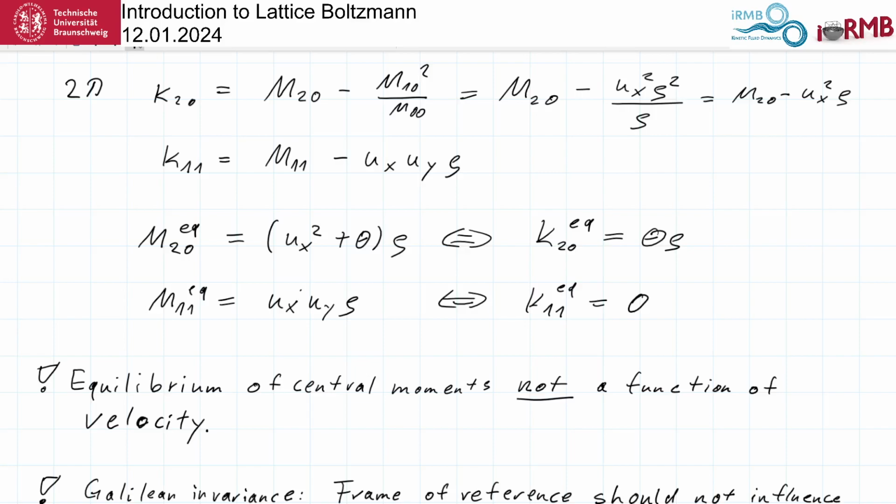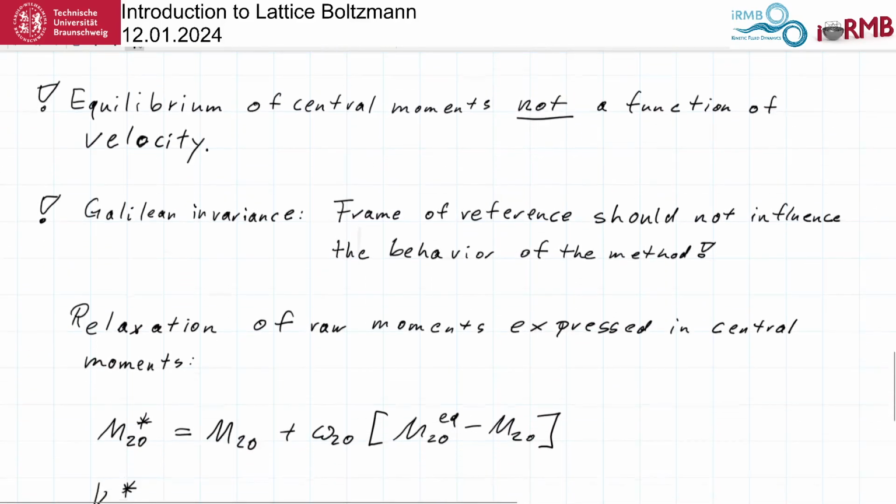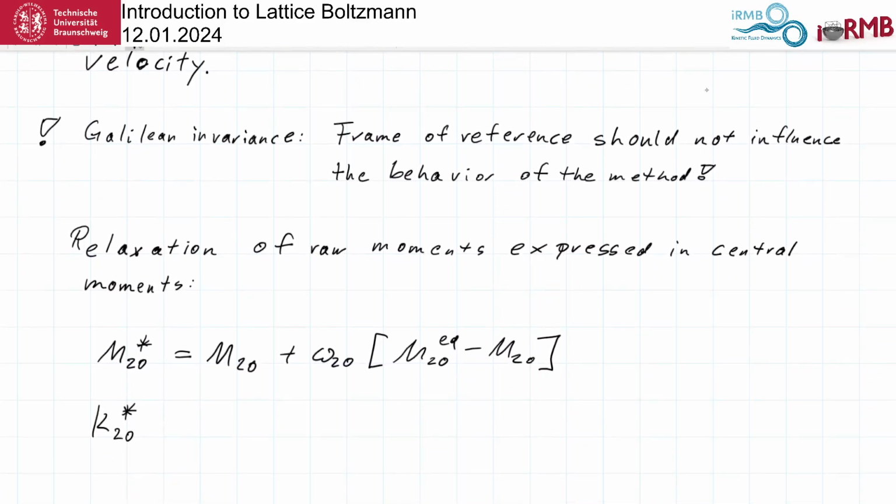Now we want to know what is M20, so we put the ux squared rho to the other side, and say this is K20 plus ux squared rho. This is what is on the left-hand side. And on the right-hand side, we have the pre-collision state.